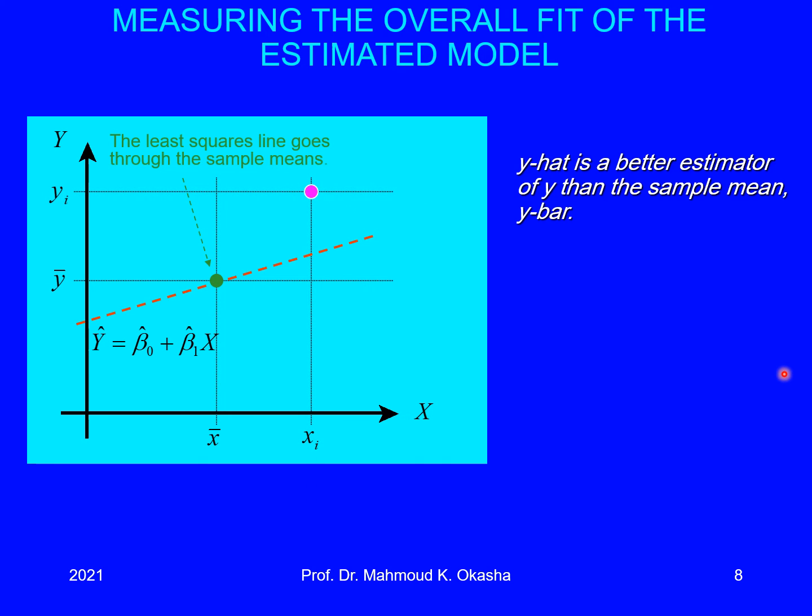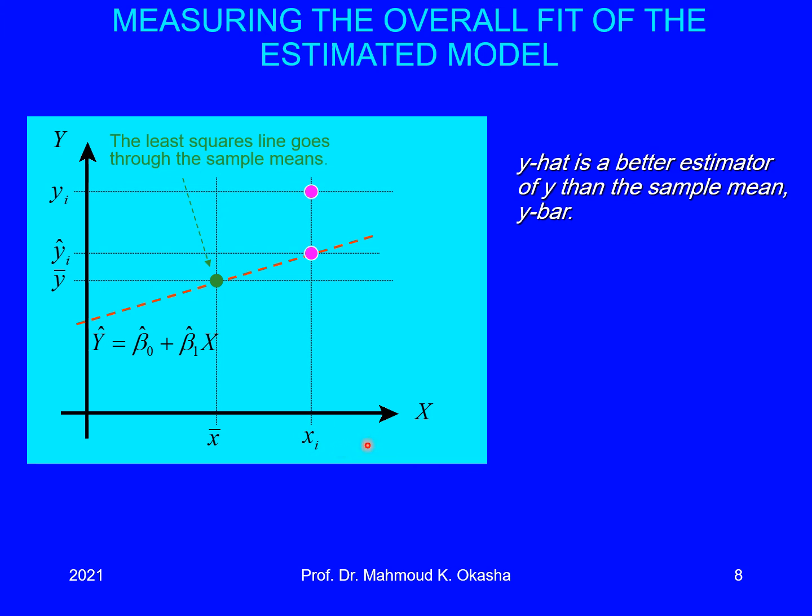And this is a point here, x1. If you have the value of x1, then you expect to have the value of y1 here. That's the estimate of y1, and that's why we call it y1 hat.